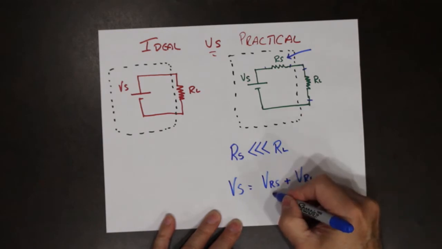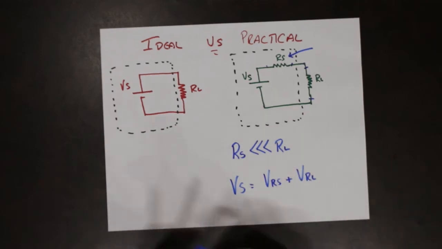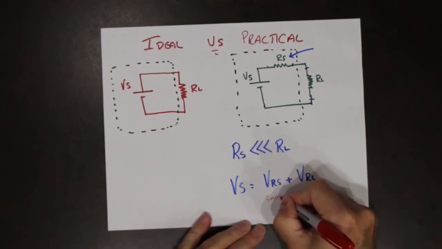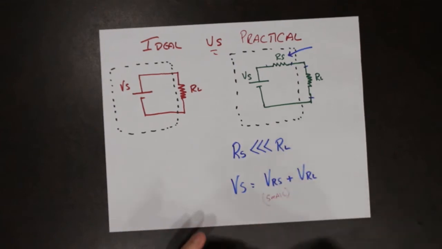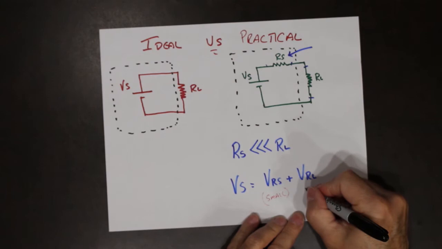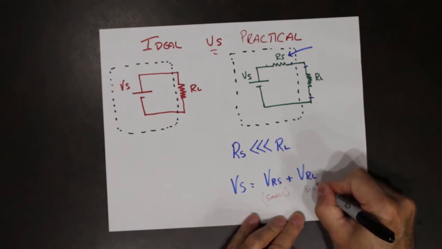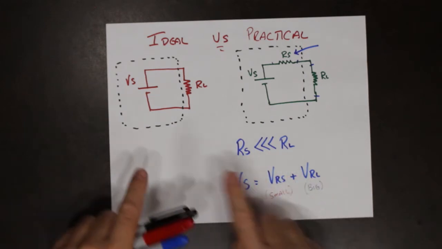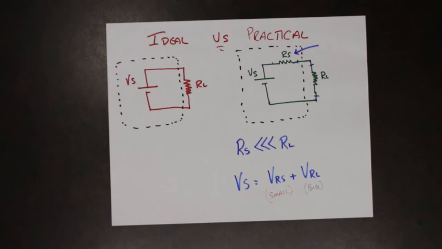By making RS really small in comparison to the big RL, we can get as close to ideal as possible. So let's just do a quick mathematical example.